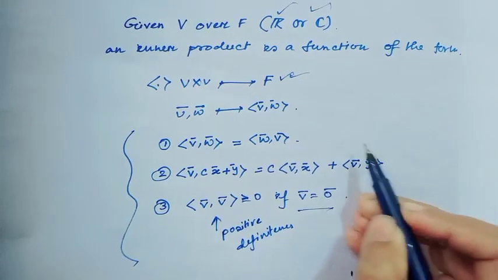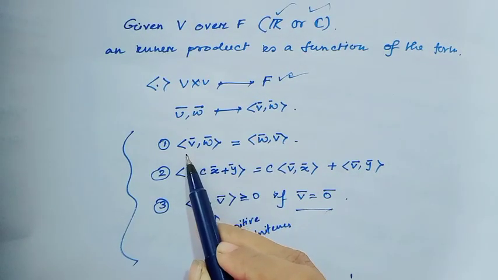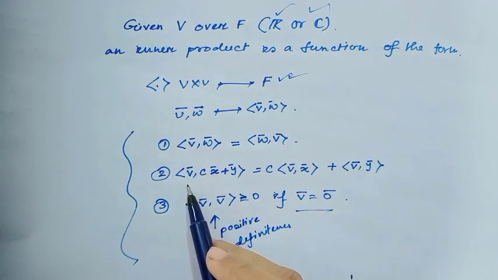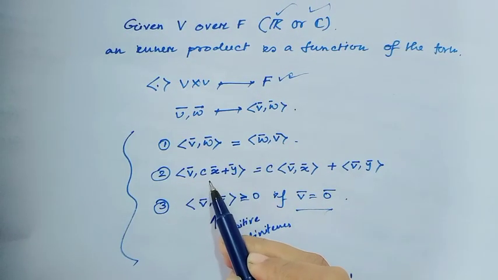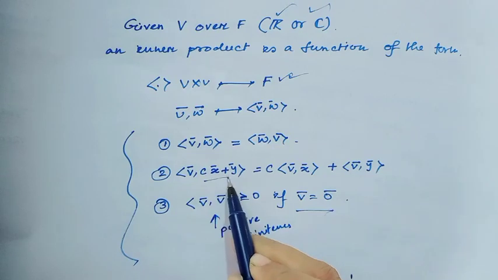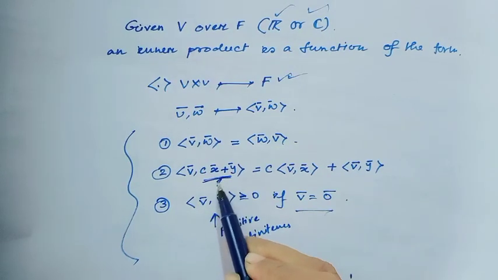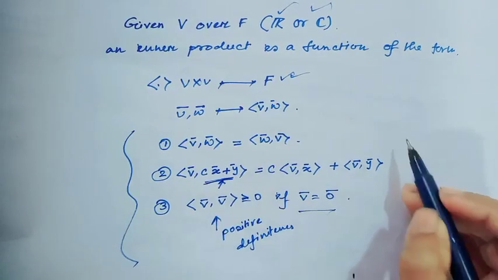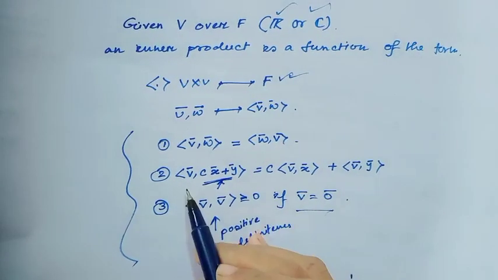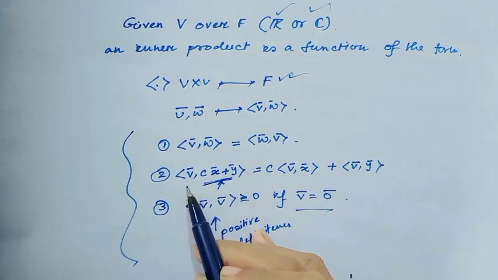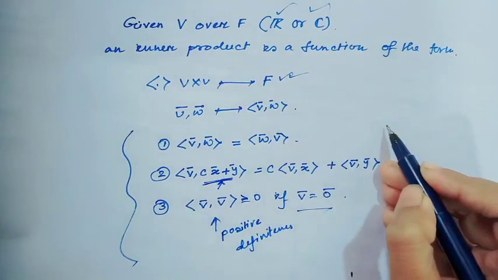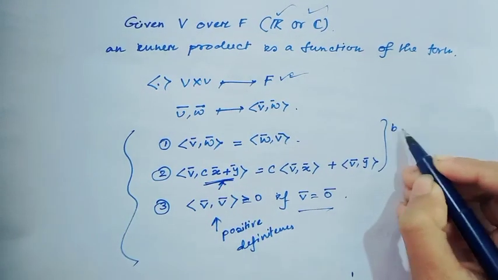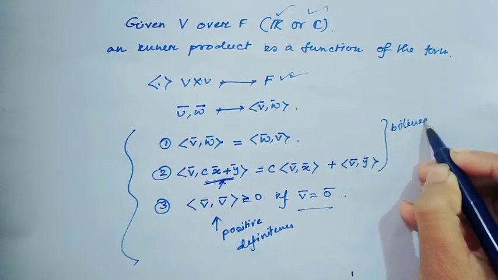Since the inner product is always commutative, and I have taken it to be linear with respect to the second coordinate, we can say it is also linear in the first coordinate. So combining these two relations, we can say this is actually bilinear.